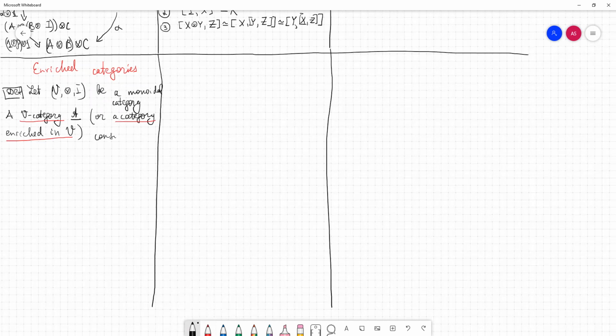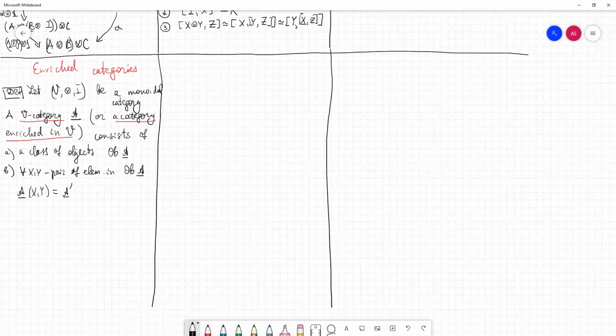It consists of the following data. First, a class of objects of A, ob A. Second, for every pair X, Y of elements in the class of objects, A from X to Y, which is also denoted as A^X_Y using Einstein notation.